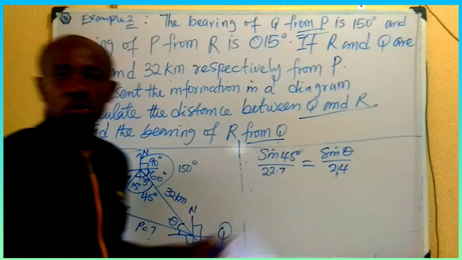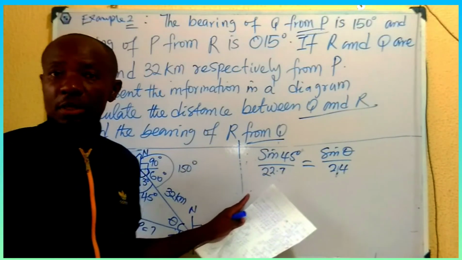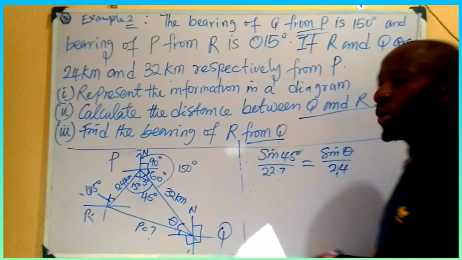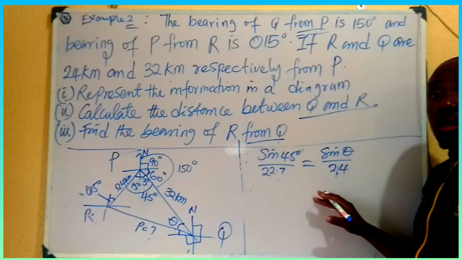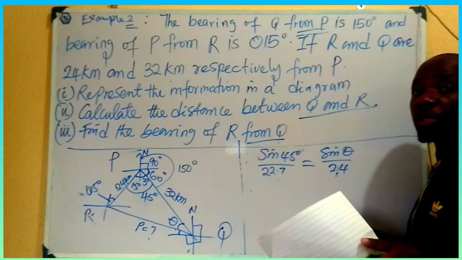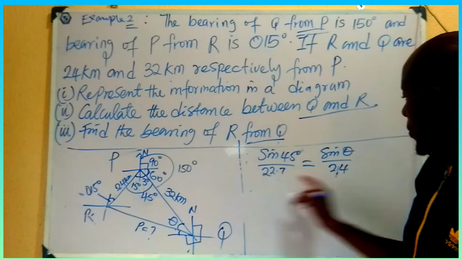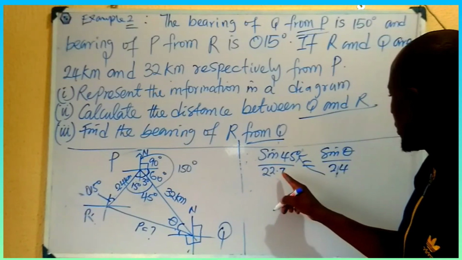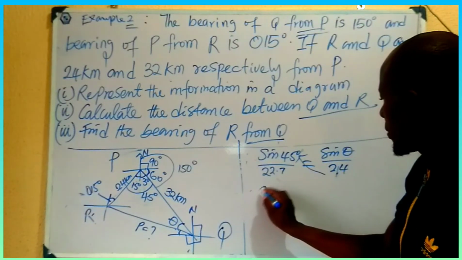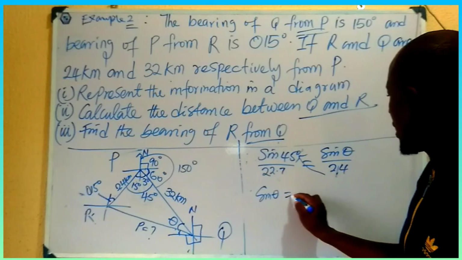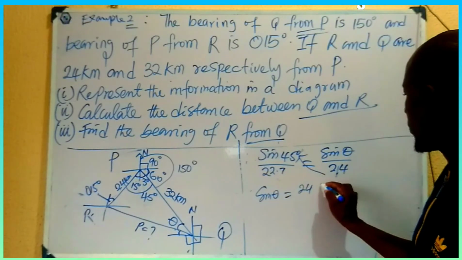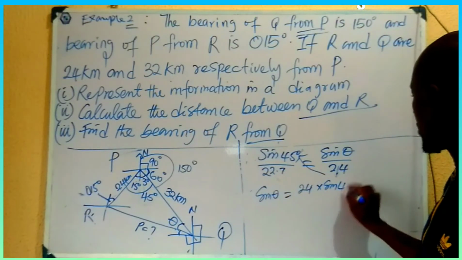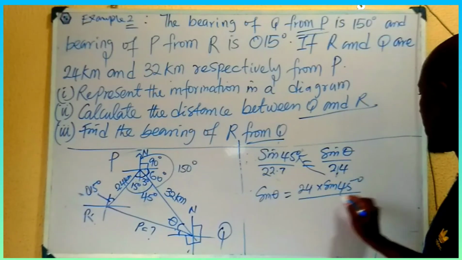If we make theta the subject of the formula, we cross multiply, this times this, then this times this. So sine theta is equal to 24 times sine 45 divided by 22.7.